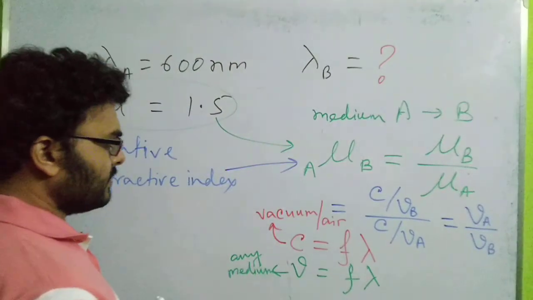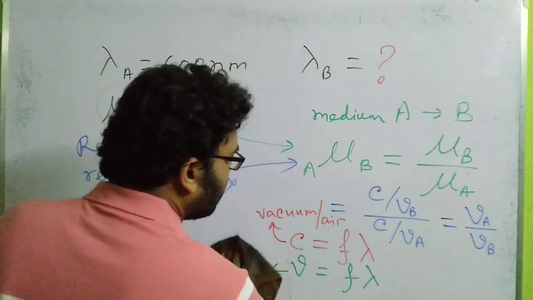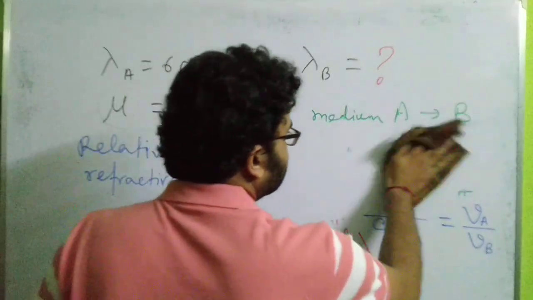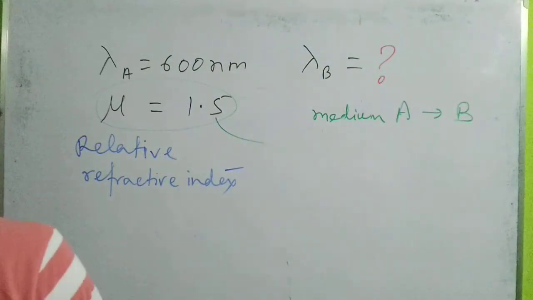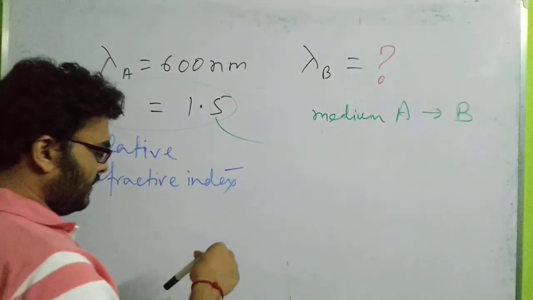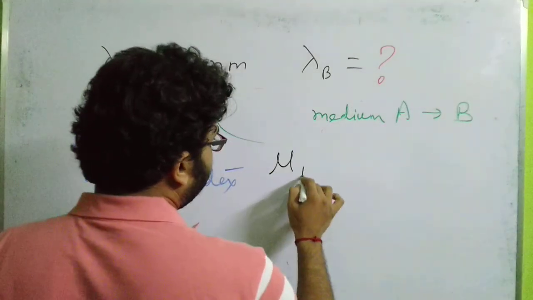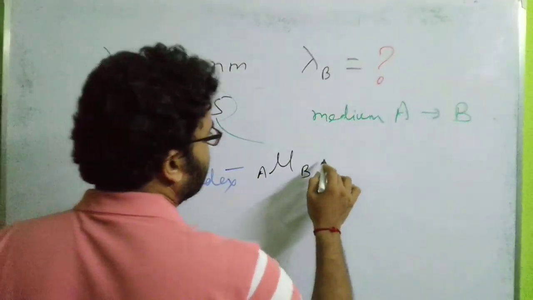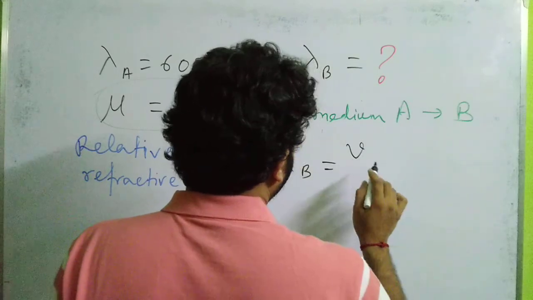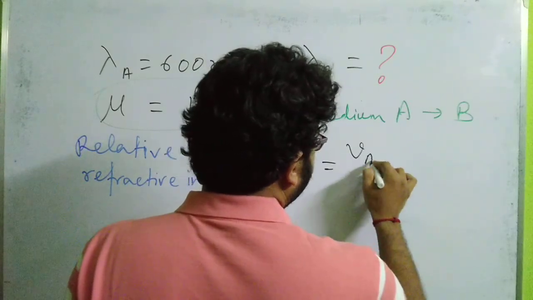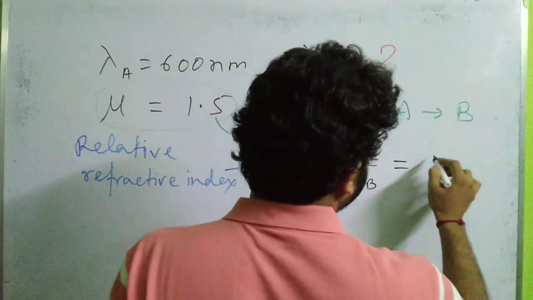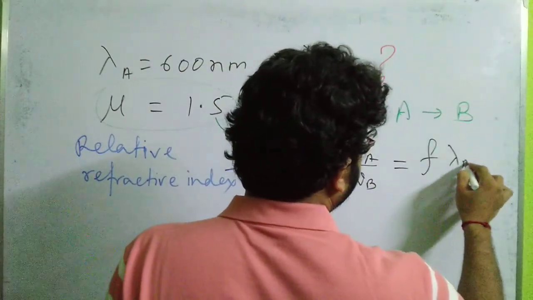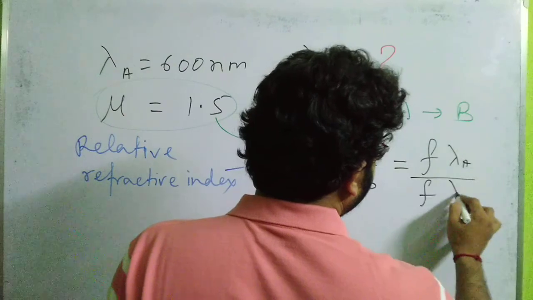I can write mu B with respect to A equals VA by VB. So this will be F into lambda A by F into lambda B.